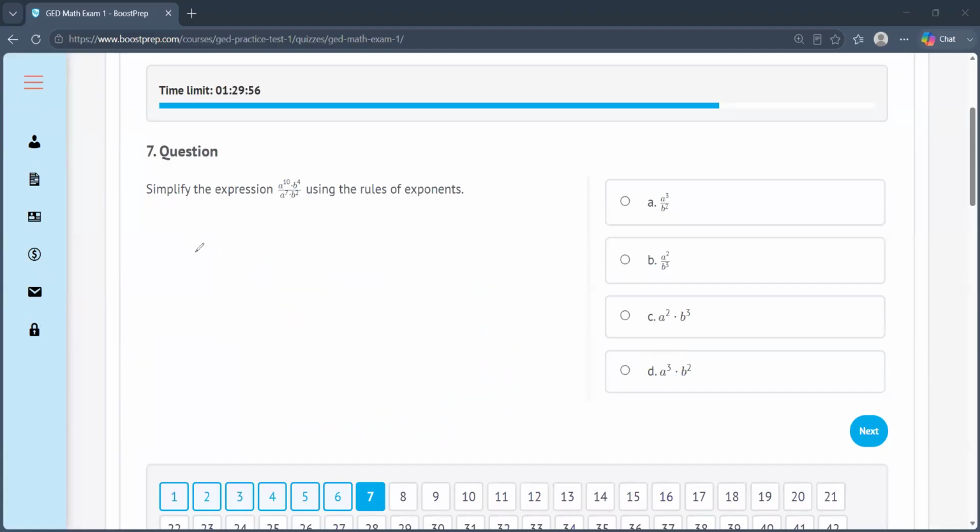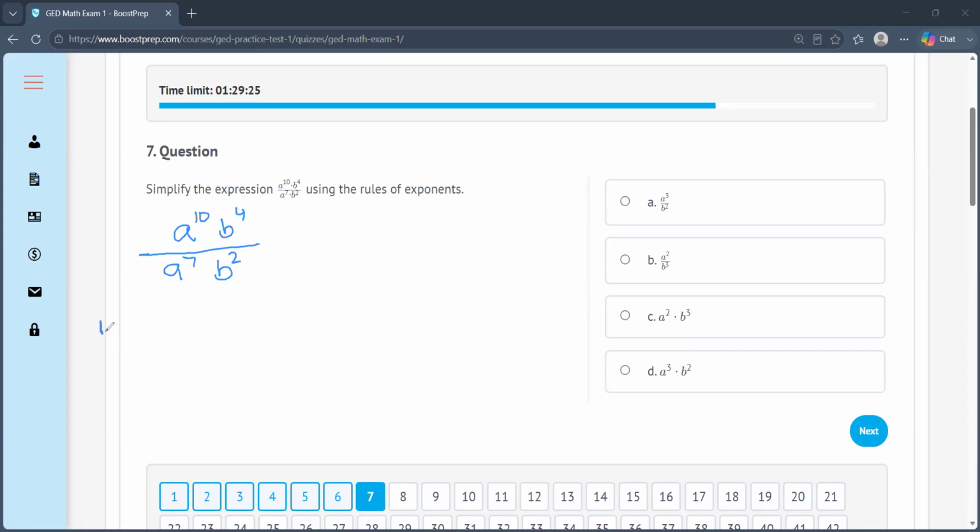Question 7. I don't know if you could see this. It's kind of small. It says simplify the expression a to the 10th b to the fourth all over a to the 7th b squared using rules of exponents. If you want, I can write it again. So it is a^10 b^4 over a^7 b^2. You just got to remember the exponent rules.